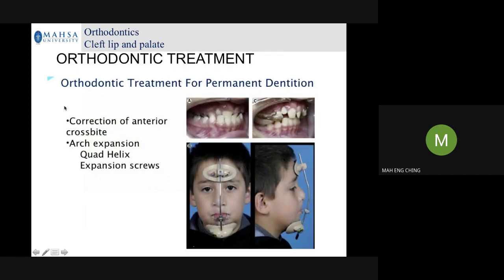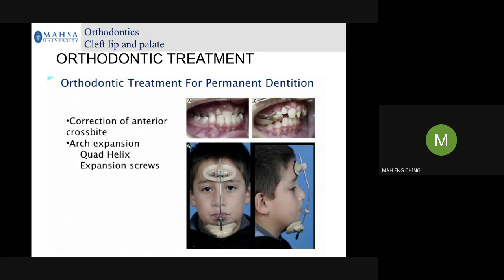After that, you wait. After the ABG, they consider the canine eruption settled. Then you wait until the patient has a permanent dentition established, which is after 12 years old. After 12 years old, they have a full permanent dentition. At that time you decide whether you want to go for full braces to correct everything.